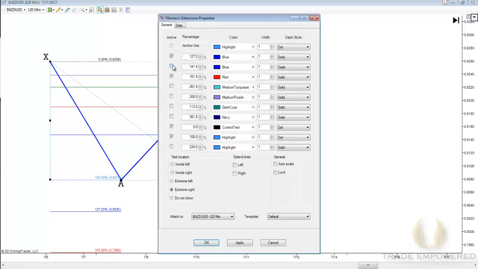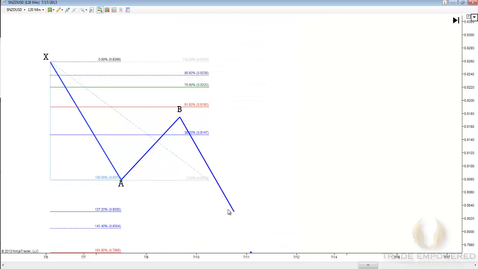However, if price action closes beyond the 1414 Fibonacci extension, then this will be an invalid move. The wick of the candle can touch the 1414. The wick of the candle can penetrate 1414. As long as the candle doesn't close beyond this 1414 extension, this is still a valid C move.